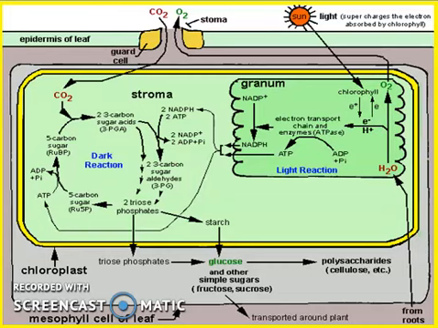This takes metabolic energy which is supplied by ATP from the light reaction. The dark reaction continues as long as the light reaction supplies it with energy in the form of ATP and NADPH. Thus, the dark reaction only occurs in light.